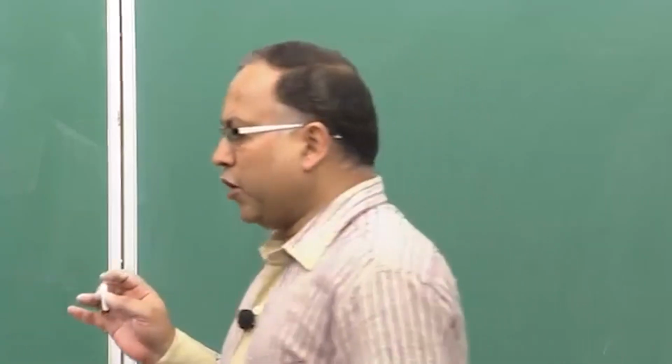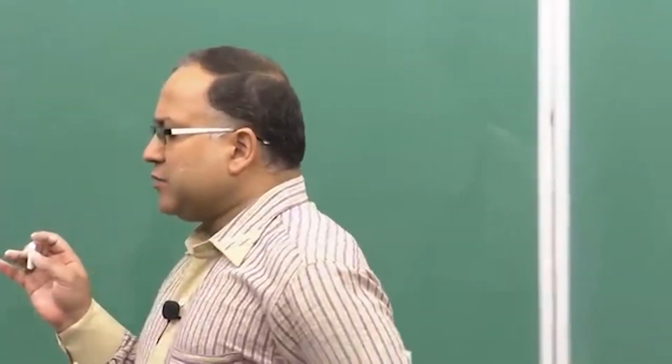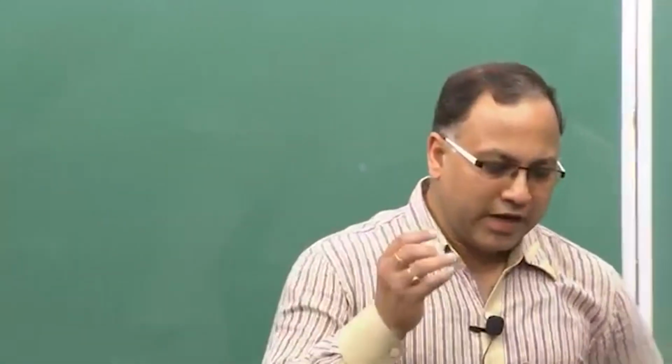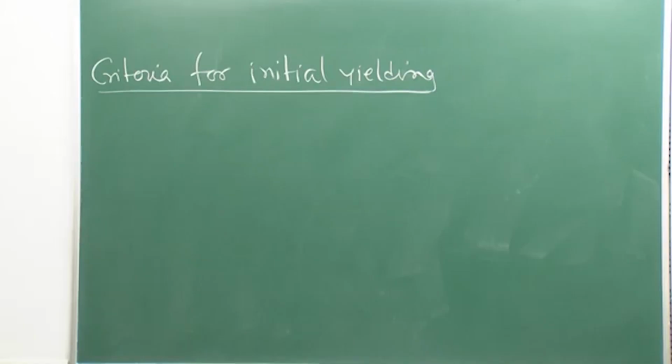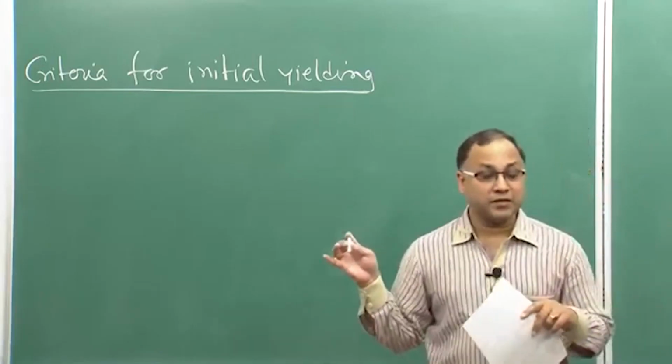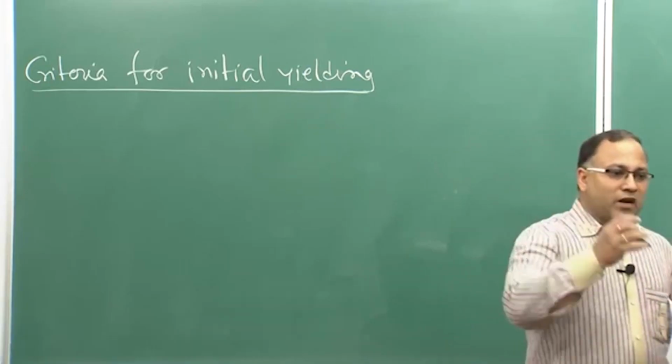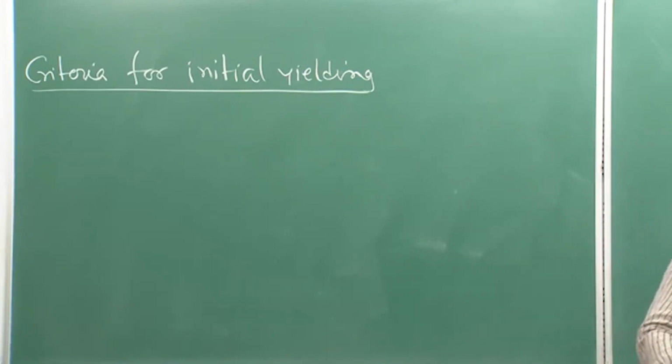For that purpose you should know, for any particular material, whether it is 1D, 2D or 3D, it does not matter, whatever system you are considering, you are applying some externally applied loads, and under those circumstances whether the material will yield or not.